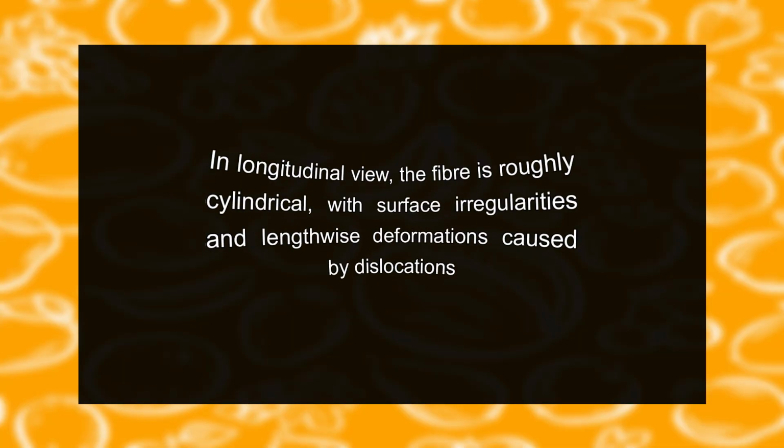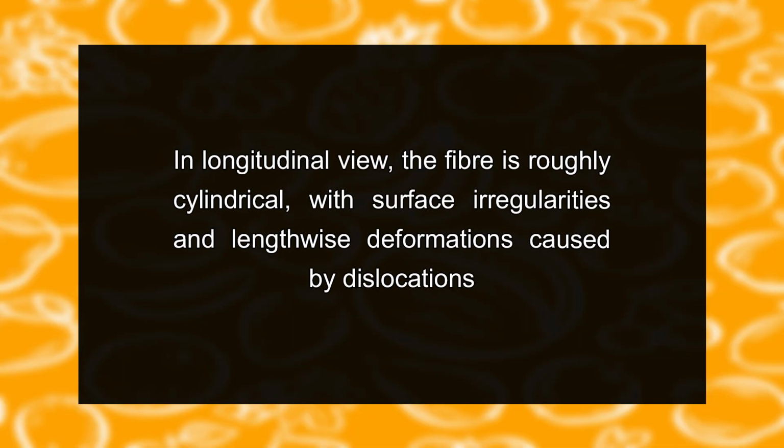Elementary fibers are thick-walled and the cross-section of fibers is polygonal with rounded edges. In longitudinal view, the fiber is roughly cylindrical with surface irregularities and lengthwise deformations caused by dislocations. The ends of fibers are slightly tapered and blunt.